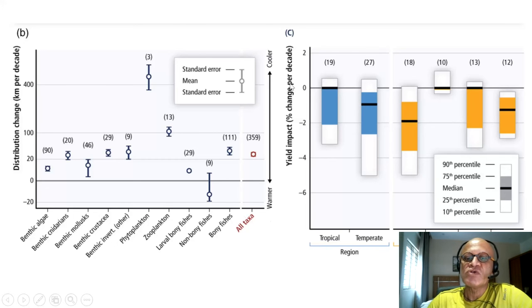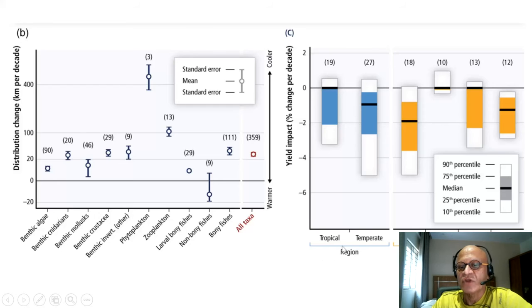And the main thing we'll focus on here, other than the marine fisheries and aquaculture, which we'll come back to, is the impact on yield in terms of percentage change per decade. Again, this is the number of studies doing projections, with the range shown as the median and 95th percentile to 10th percentile.